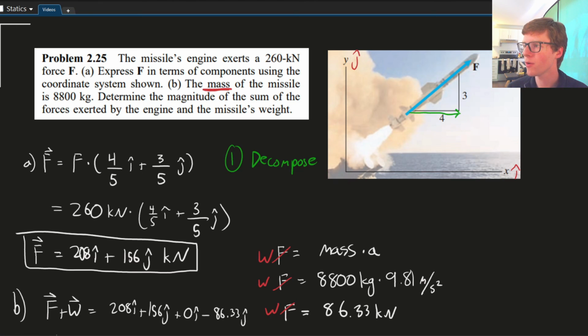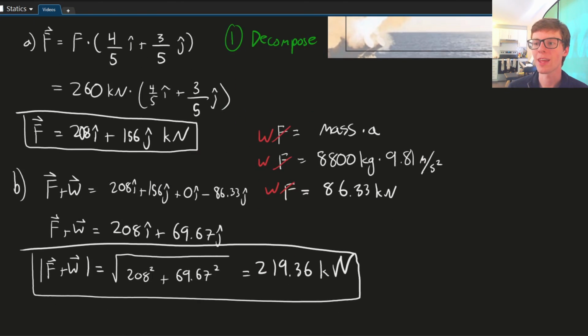So we broke it down into its component pieces. Then we can take those components and add them to other vector components to combine them together. And then we take the square root using the hypotenuse. So for example, this one here, this would be 208, and this would be 69.67. So to find this length is just the square root of the sum of the squares of both sides.